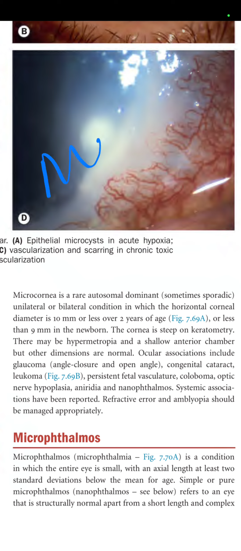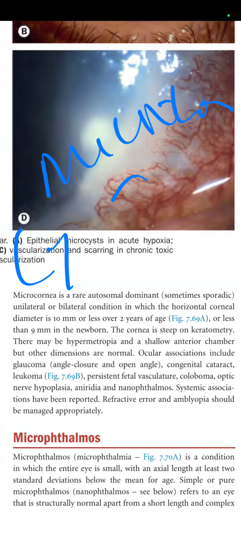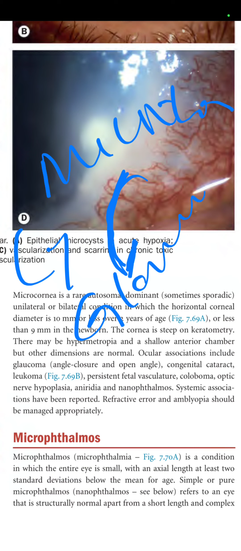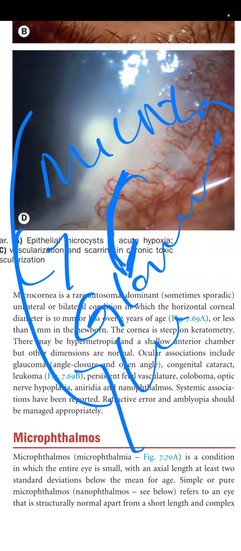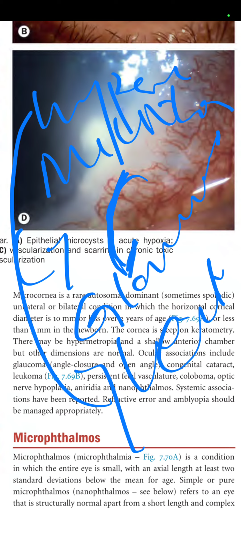So basically, if a patient has a microcornea, it has a small cornea, so the angle can be narrow. When the angle is narrow, it can cause glaucoma, and there may be other associated ocular problems. The eye is most likely going to be small, so you can always think about hypermetropia, and there can be a leukoma, corneal opacity.